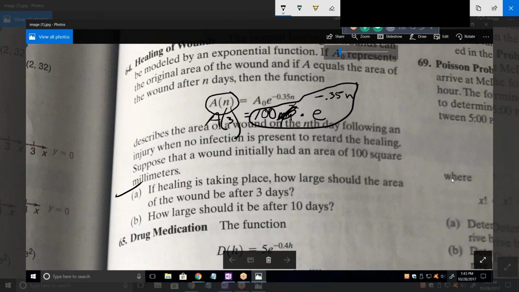Okay, so substitute 3 for n. Again, use your calculator. What do you get? I got 34.993 or 994. Like I said, she doesn't give any directions on any of these as to how many decimal places she wants. So always put one more down than what you think she wants.